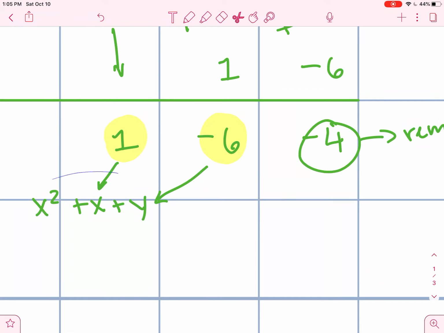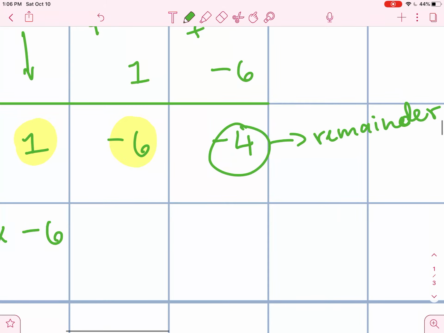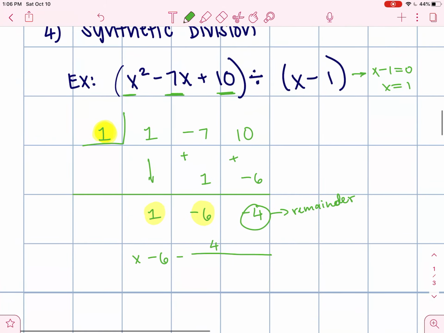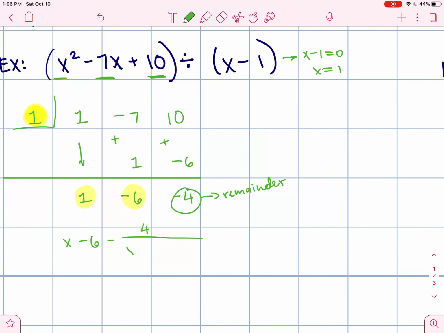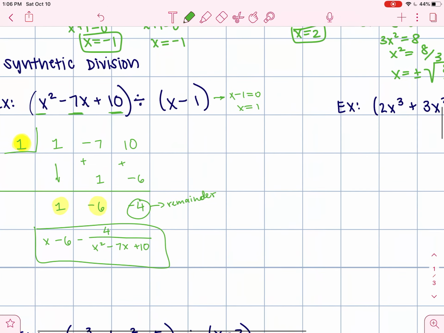You can apply that rule for the next few problems that we're doing. So in this case, our answer would be x minus 6, and then our remainder would be minus 4 over our original problem, x squared minus 7x plus 10, because we're putting the remainder over the original. And that is going to be your answer for this equation.